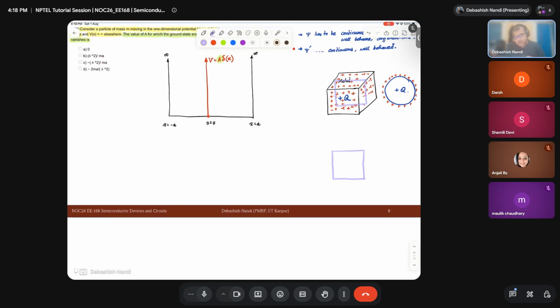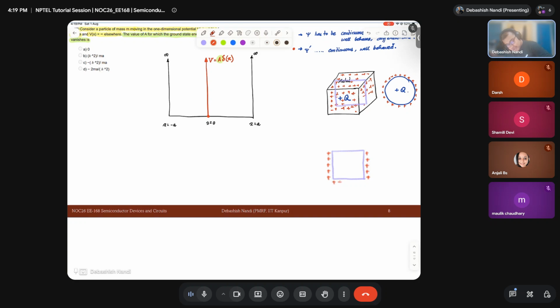Fine. Now, if I consider an interface in between this metal cube, right? How will my charges look on this interface? My charges will be like this, right?